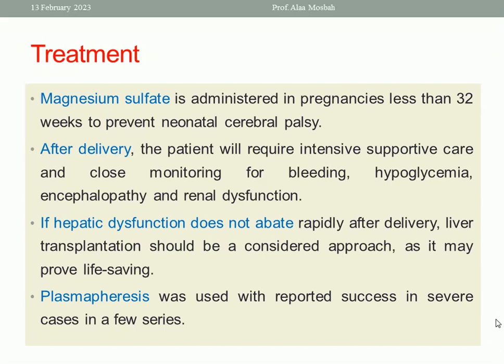After delivery, the mother should be admitted to the ICU. Intensive supportive care should be given, with close monitoring for bleeding, hypoglycemia, encephalopathy, and renal dysfunction. And as I said before, a multidisciplinary team should be involved in management of such a case.